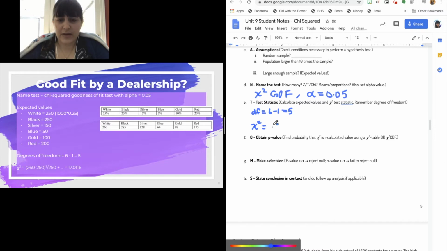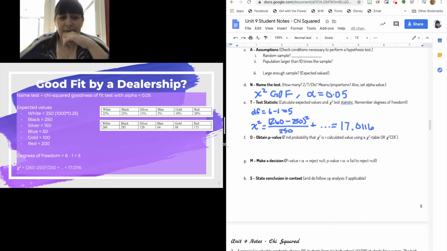My observed value was 260, so 260 minus my expected value, which was 250, in parentheses, squared, divided by 250. That's my expected value. And then I'm going to say plus dot dot dot, just so that you show people that you know what you're doing. And then you say equals, and then the number my calculator gave me for the chi-squared was 17.0116. Okay, that's it. That's your test statistic.